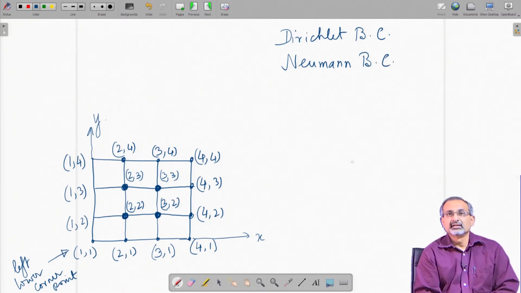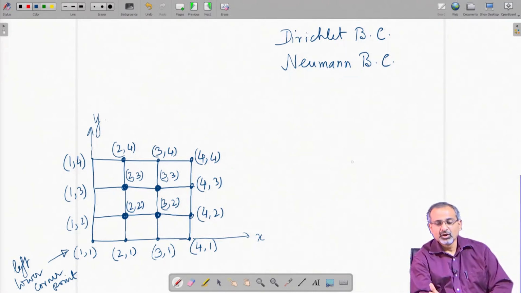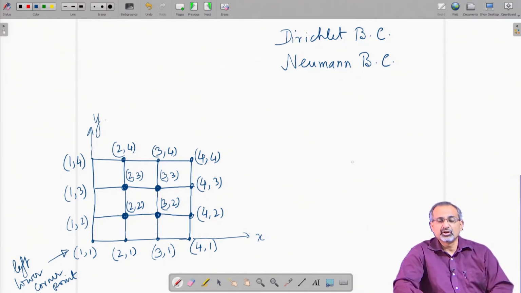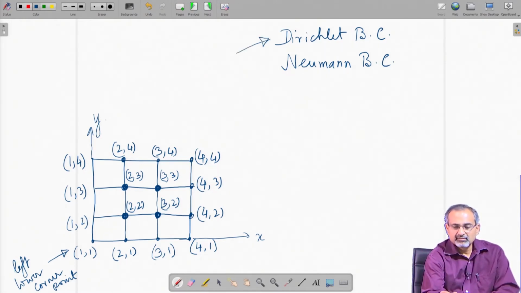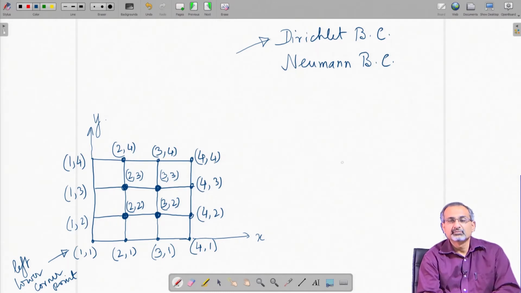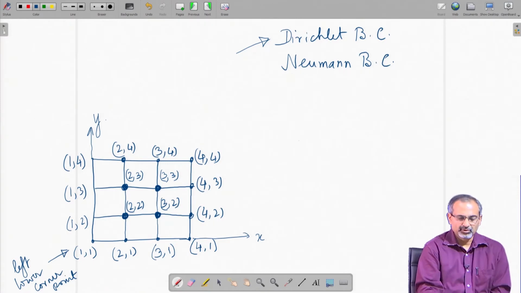And we said earlier that we could choose to have Dirichlet boundary conditions all over the domain boundary, or we could have a mix of Dirichlet and Neumann, but we usually do not use Neumann boundary condition all along the domain because of the ill-posedness of such a boundary condition. So, in the first example that we solve here, we would like to define Dirichlet boundary conditions all along the domain boundary. So, let us see how we go about doing it.